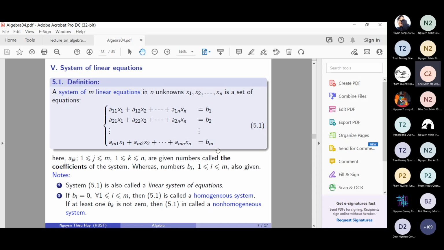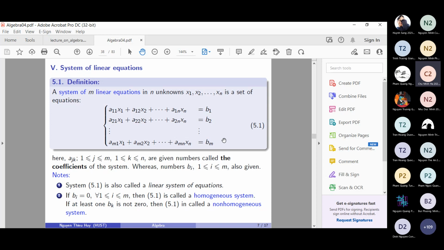And if it's not the case, this means that at least one of the b, say at least bk, is not 0, then it's not a homogeneous system. Then we call it a non-homogeneous system. Non-homogeneous means not homogeneous, because at least one of the right hand side is not 0.